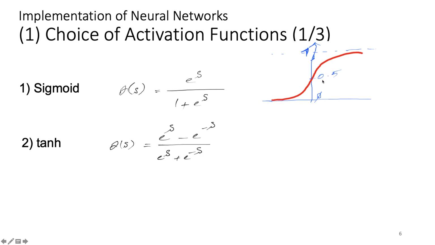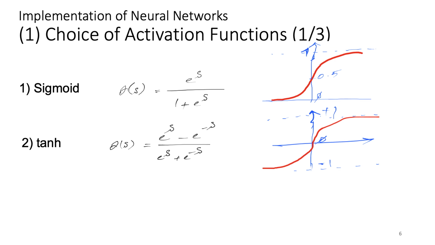For the hyperbolic tangent, we had e to the power s minus e to the power minus s, and in the denominator e to the power s plus e to the power minus s. So we saw the advantages of hyperbolic tangent, that the output will be around -1 to 1, for which 0 stays 0 at x equal to 0. And it was helping us to converge faster in neural nets.